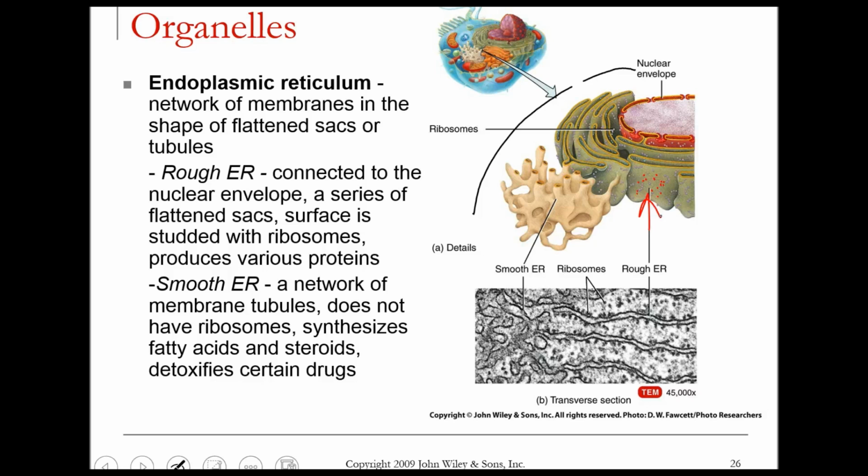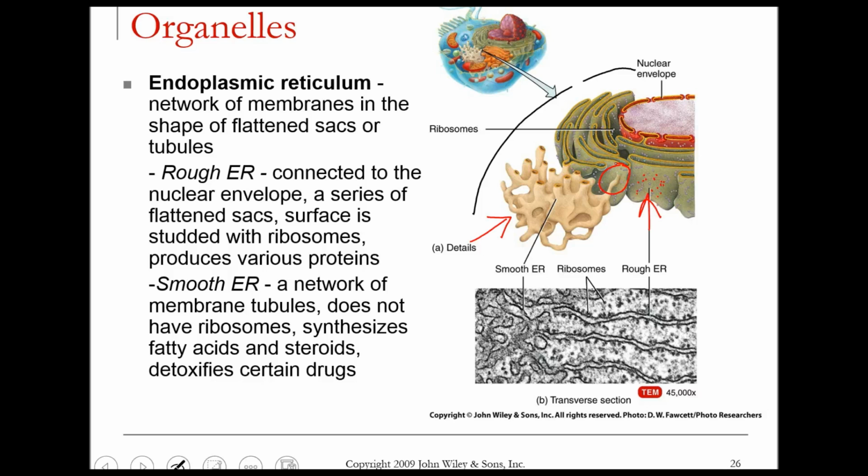Then we have the smooth endoplasmic reticulum. Smooth endoplasmic reticulum is located here. It's a little bit further away, but you'll notice there are often connections between the two. So it doesn't have ribosomes, so it's not going to manufacture proteins, but it will manufacture many of the lipids, including fatty acids and steroids, and many of those fatty acids will be important for detoxifying.